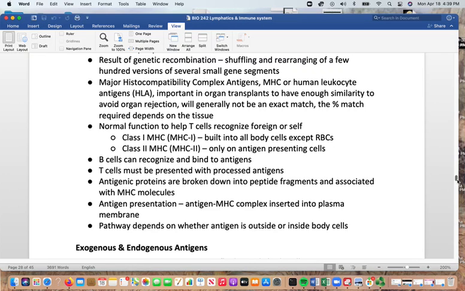The antigenic proteins are broken down into peptide fragments, and that's what gets associated with the MHC. So when you have antigen presentation, you have the antigen MHC complex that gets inserted into the plasma membrane. And the pathway is going to depend on whether or not the antigen was from inside or outside the body cells.